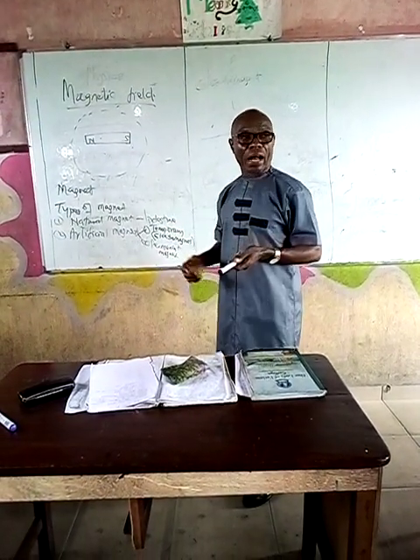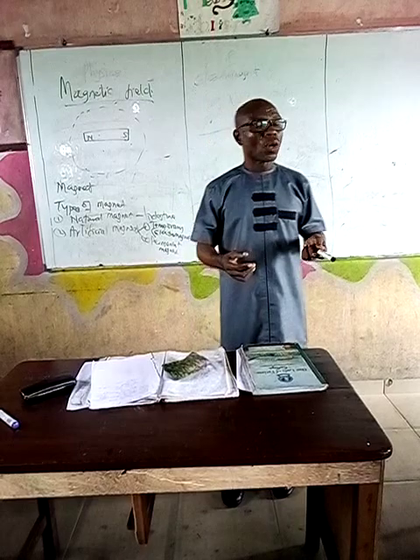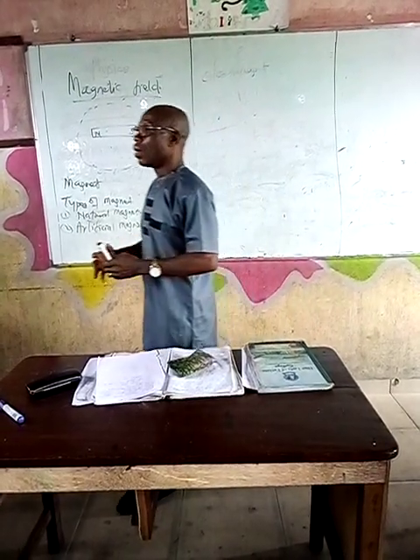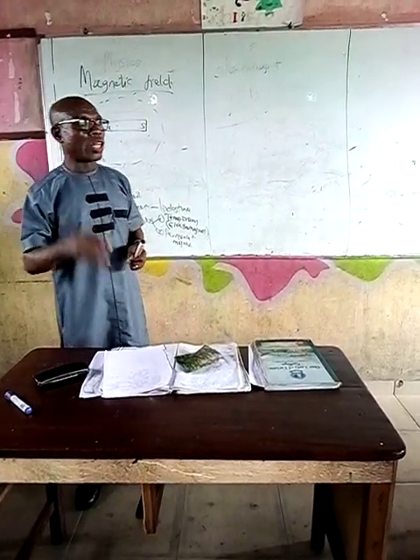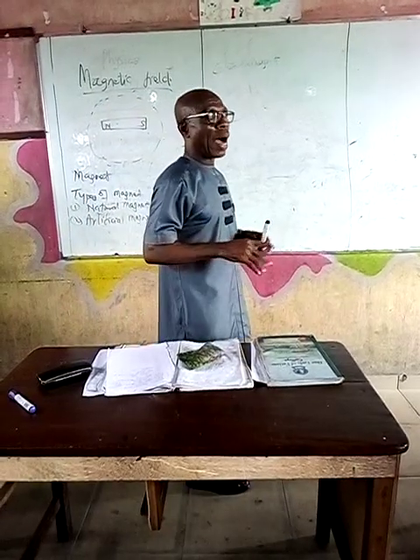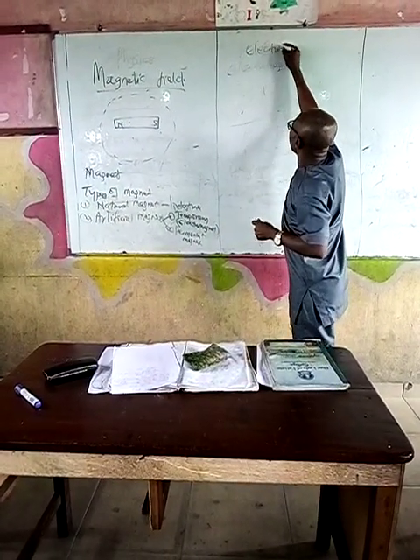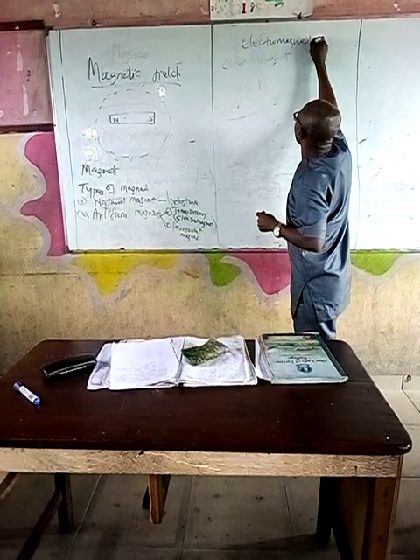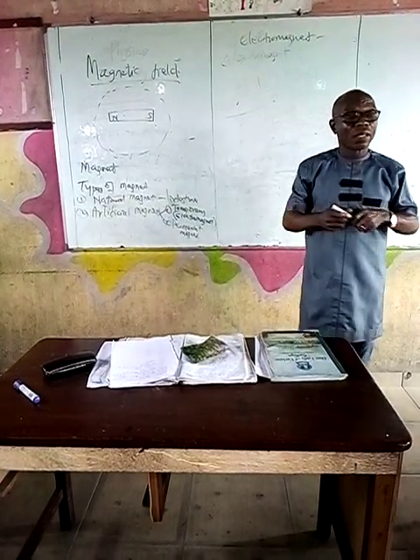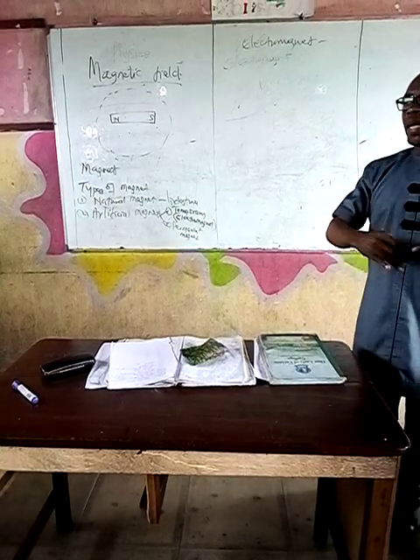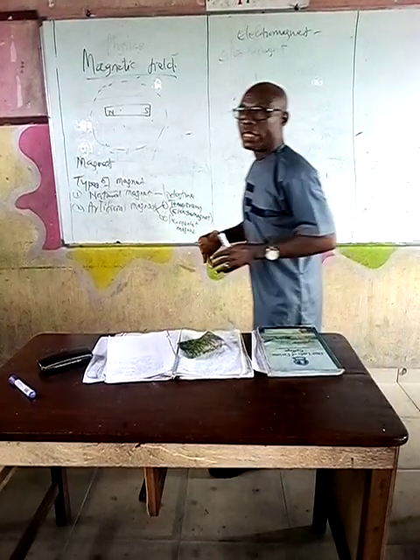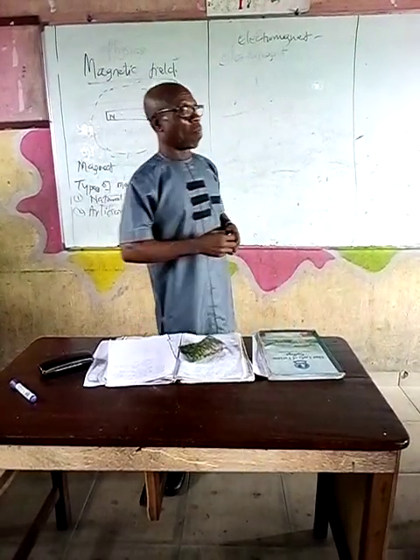An electromagnet is a material whose magnetism is produced and sustained by electric current.